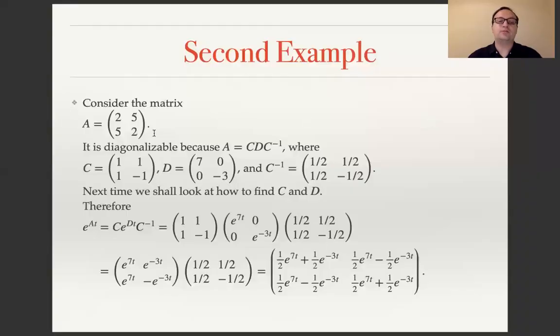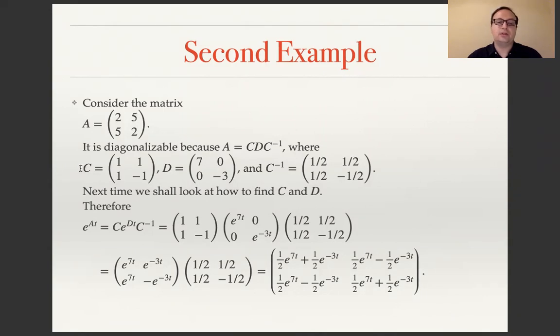Now let's do the computation for a diagonalizable matrix, which is not diagonal. Let's consider the 2 by 2 matrix A with entries 2, 5, 5, and 2. This matrix is diagonalizable, and in the next course we'll see the procedure to find the matrices C and D. For now, let's just list them.